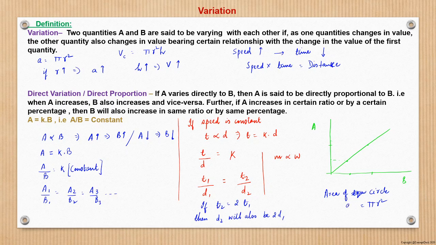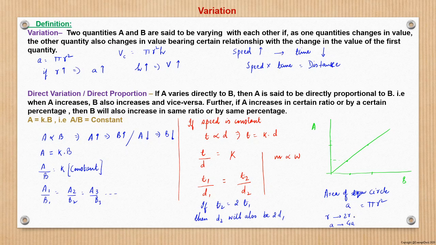Can we say A is equal to pi r square is a direct variation or direct proportion case? No. Why so? Because if r increases from r to 2r, area will be 4a, right?